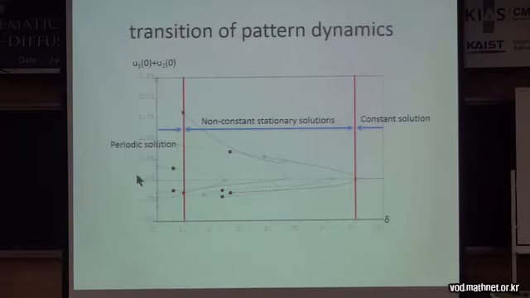In this region, delta is sufficiently small, then periodic behavior appears here. And in this region, the period is longer and longer as delta becomes smaller and smaller.